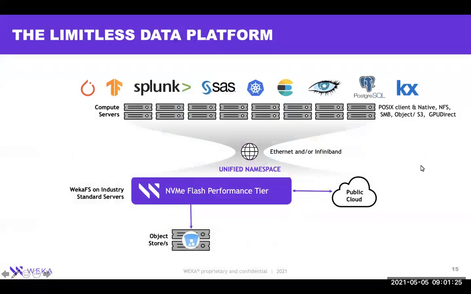So looking at the Weka data platform, what it enables and what it's composed of: first of all, it's composed of the Weka NVMe flash performance tier. And we have a great partnership with Supermicro, and Randy can talk about that a bit more. Weka is software-defined storage.